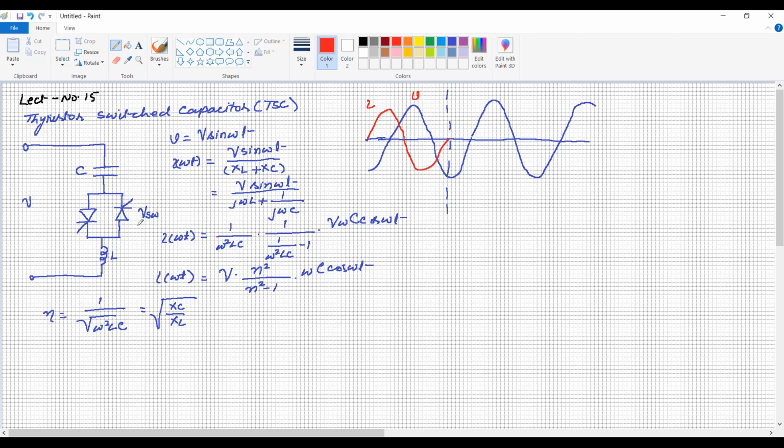And when the capacitor is conducting, meaning the switch is closed, the current in the capacitor is I. Definitely some voltage is going to drop across this limiting reactor, and this limiting reactor voltage drop is very small, and it can be represented here. The voltage across this one is very small, so this is the voltage across the inductor.